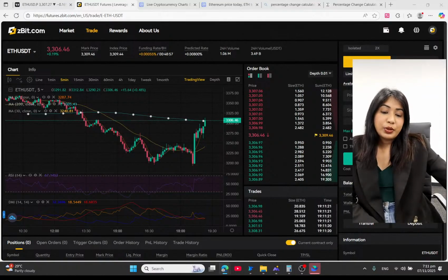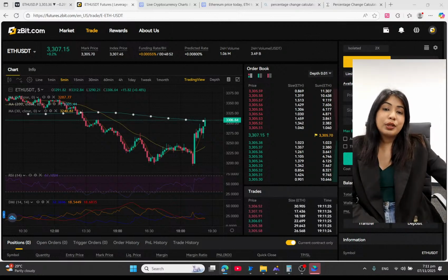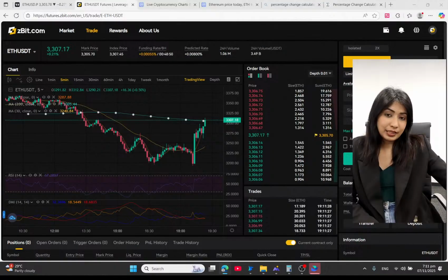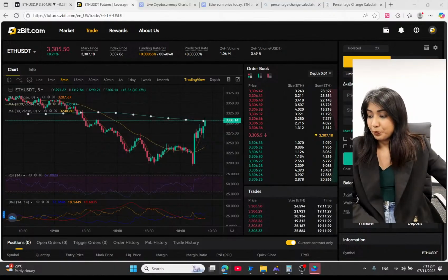Let's not go by the short-term pullbacks because the overall trend still looks like a downtrend.